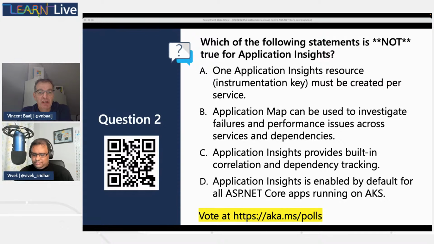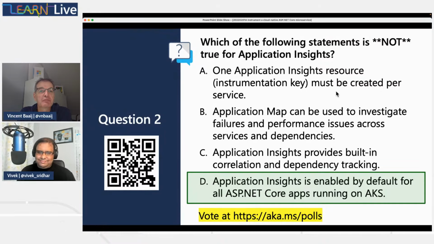We definitely looked at Application Insights, and we talked about correlation and dependency tracking. I think everything that is needed to answer this question has been discussed today. Of course, if it's all new to you, it might be a lot of information to digest. But it would be interesting to have a lot of people take this poll and see how they have digested the information.